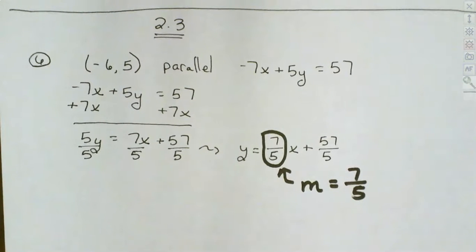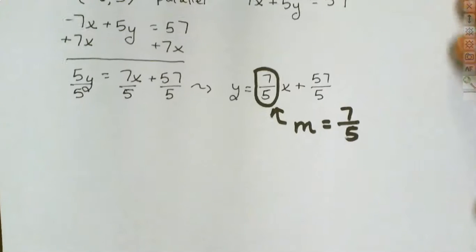Now, do we have to change that slope at all? No. It's parallel. If it would have been perpendicular, then what would we use? We would use the negative reciprocal or the opposite reciprocal. So if this would have been perpendicular, then we would use a minus 5/7. This is parallel, so we're going to keep that slope the same.